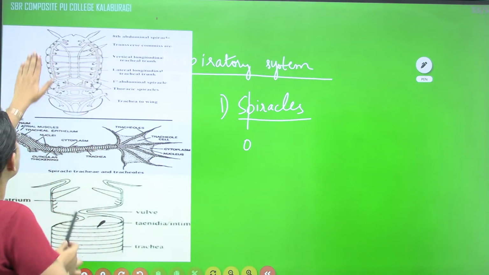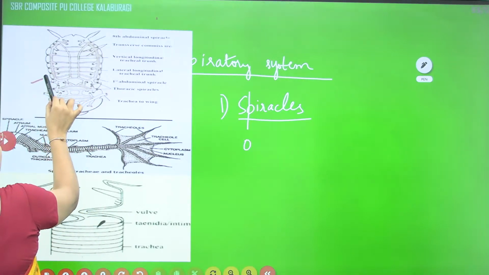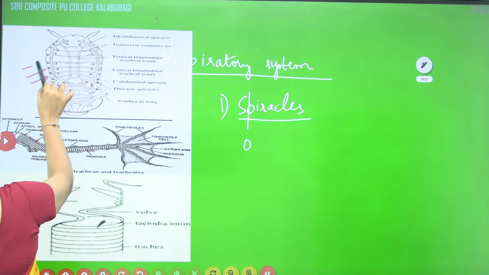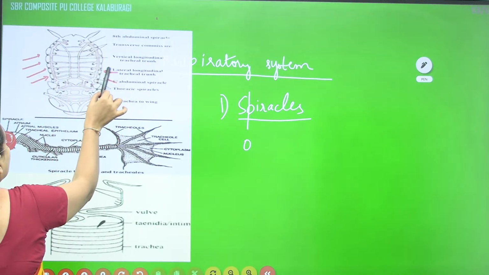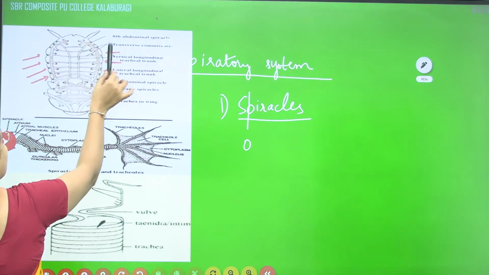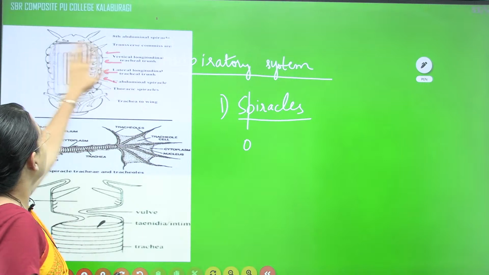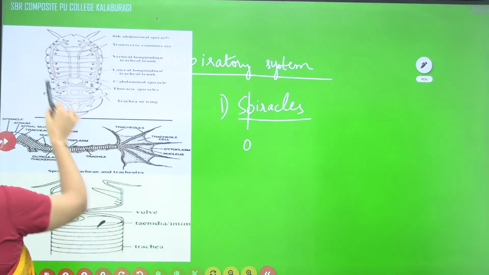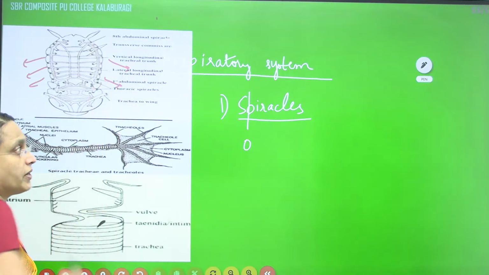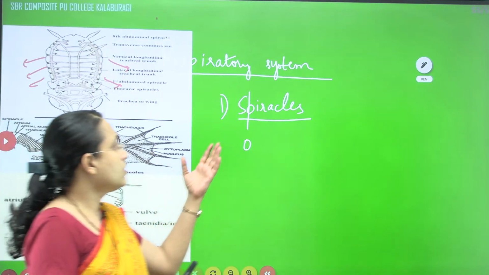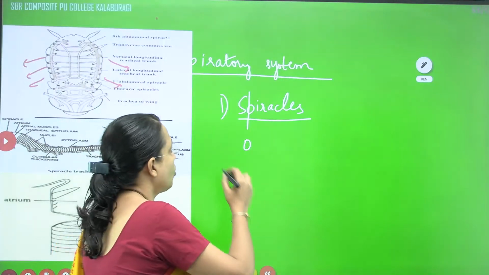The air will enter through these spiracles, and then the foul air is released outside. So these are apertures or openings of the respiratory system in cockroach.